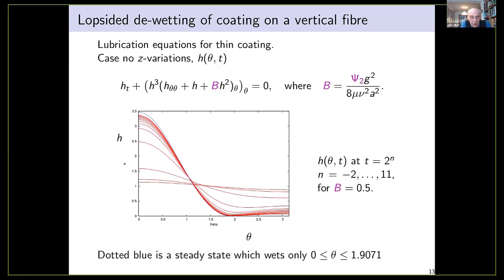The coating starts fairly constant at H equals 1 for all theta, nearly. And you can see that as time increases, you have to take bigger and bigger leaps in time to see anything happening. You can see that the shape is developing towards the blue dotted line on the left-hand side at 3.35, and the blue dotted line goes all the way down to H equals 0 at theta equals 2.